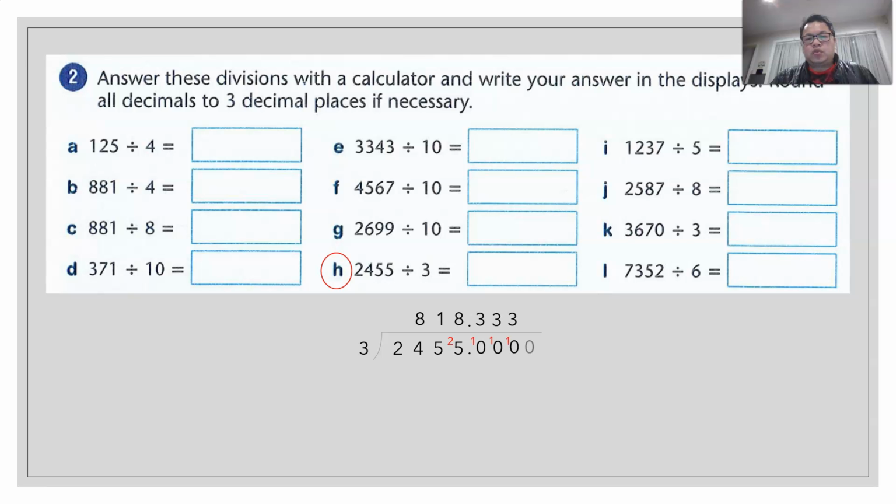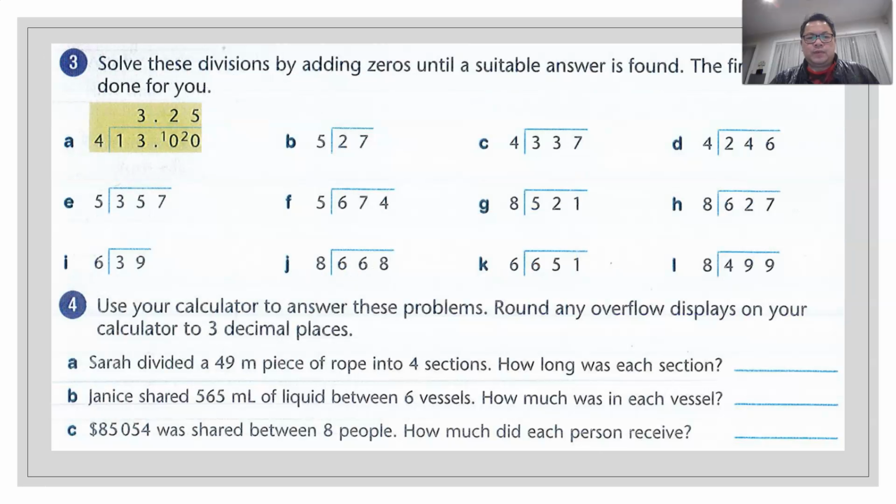You need to stop at 3 decimal places, but again, our working does not stop at 3. When they say stop at 3 decimal places, you need to go on to one more decimal place so that we can predict whether to round up or round down. Since the digit is 3 here, we do not round up the last decimal place. So that's how you get 818.333. That's the final answer. So just be mindful of that.